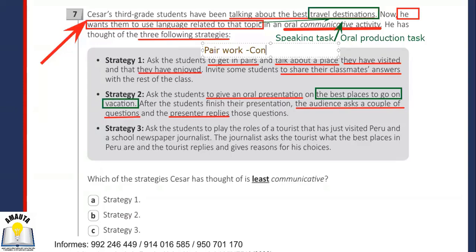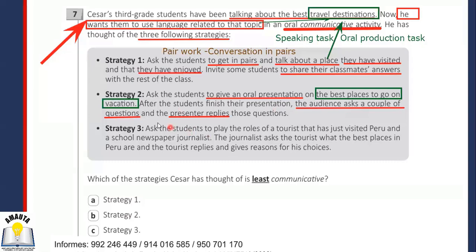It's a conversation in pairs, right? Then the students report the classmates' answers, right? Here we have a presentation, and then here we have some questionnaire after, right?